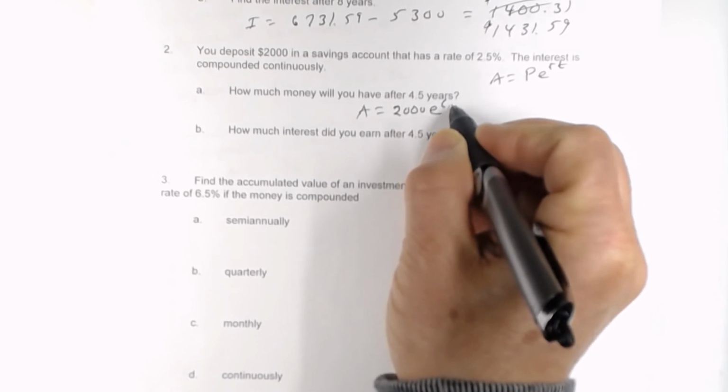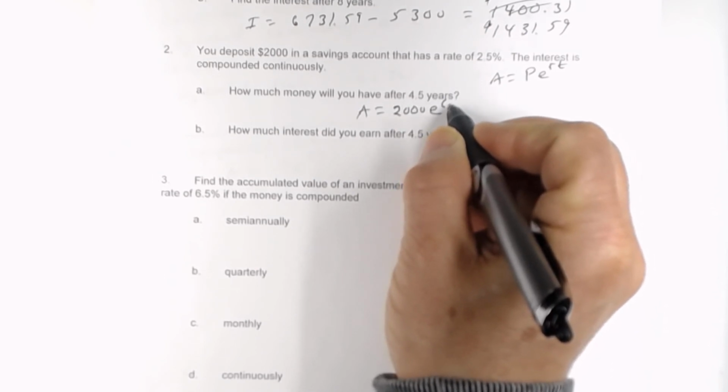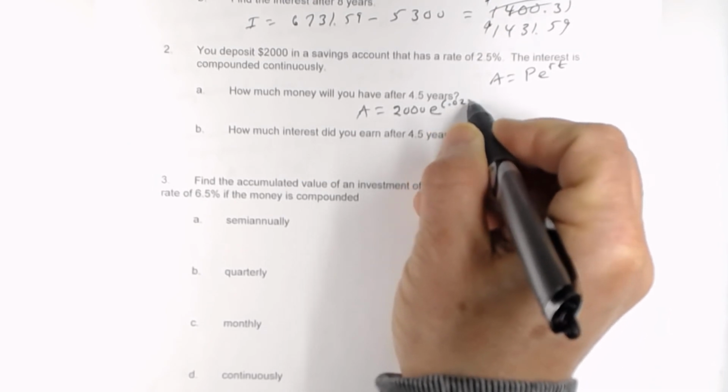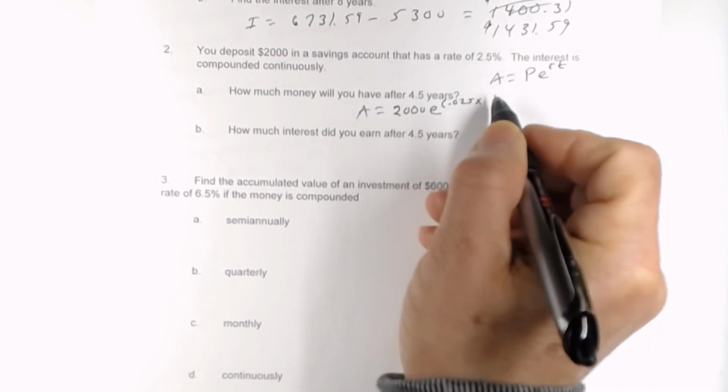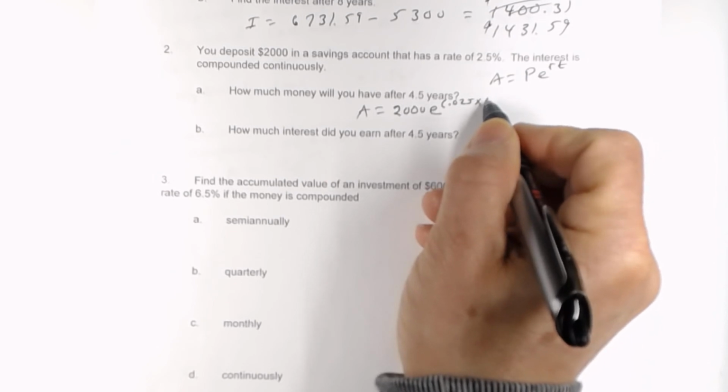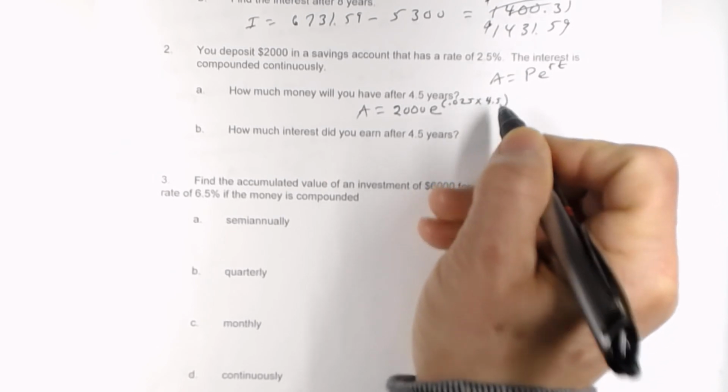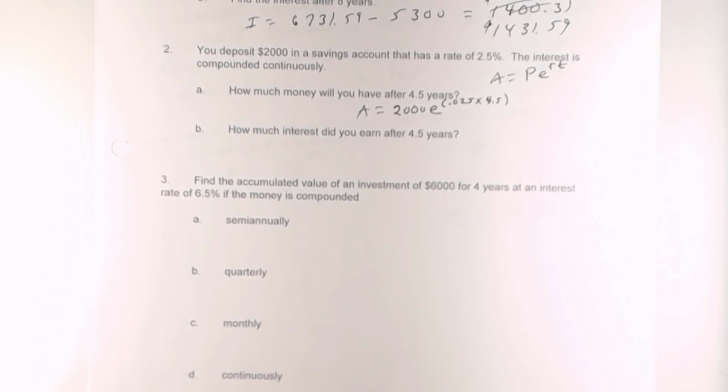What's R in this case? 0.025 times T. What's T in this case? 4.5. Notice I put parentheses in the Excel because when I'm using my calculator, I need to put parentheses. So look carefully how you're going to put this in your calculator. Now play around with your own calculator and see how to deal with this.